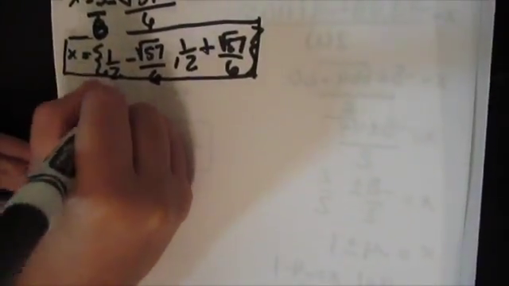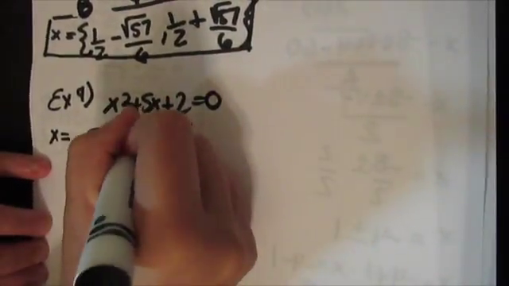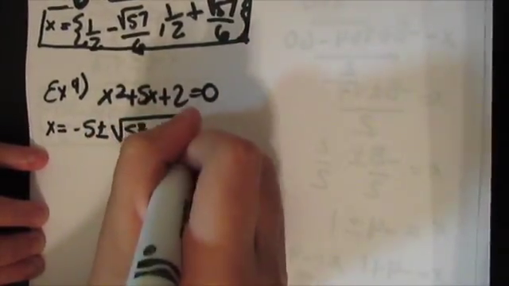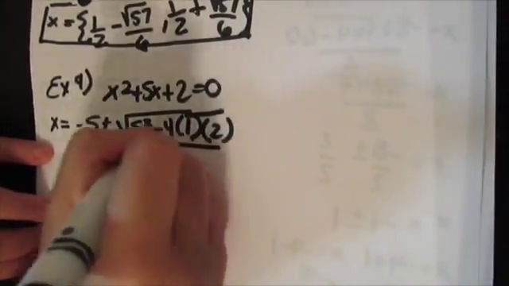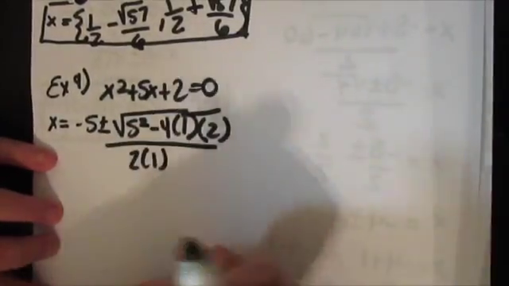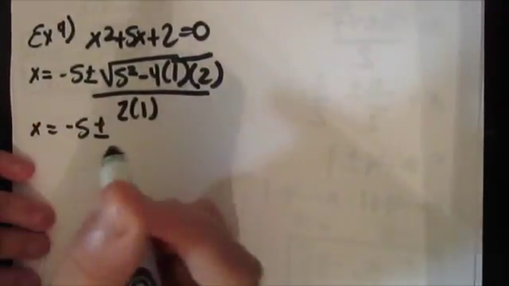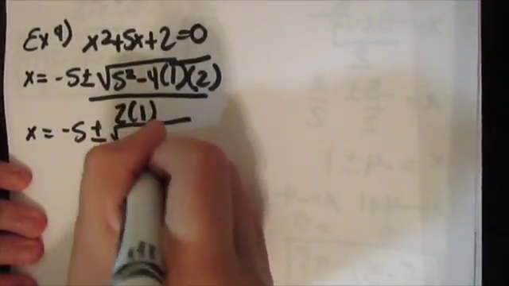Example number 4. x squared plus 5x plus 2 equals 0. So then b is 5, so negative 5 plus minus the square root of b squared, which is 5 squared, minus 4 times a, which is 1, and times c, which is 2, over 2 times 1, 2 times a. x equals negative 5 plus minus the square root of 25 minus 8, over 2.